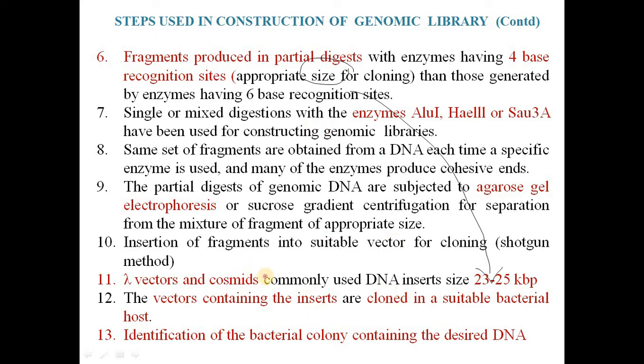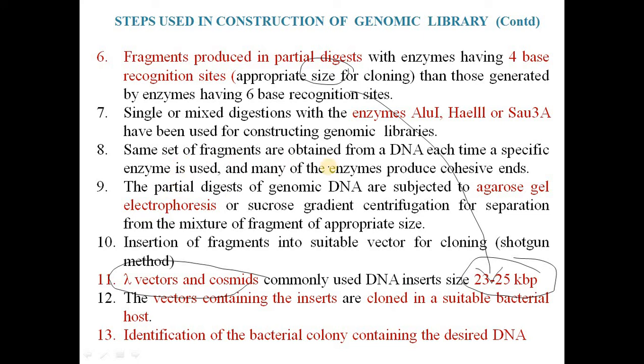The suitable vectors for insertion are lambda vectors or plasmids, because they accept insert sizes up to 23 to 25 kilobase pairs. Afterward, single or mixed digestion with enzymes like AluI, HaeIII and Sau3A is used for the construction of a genomic library.